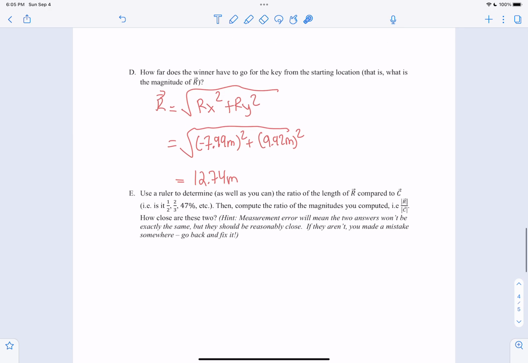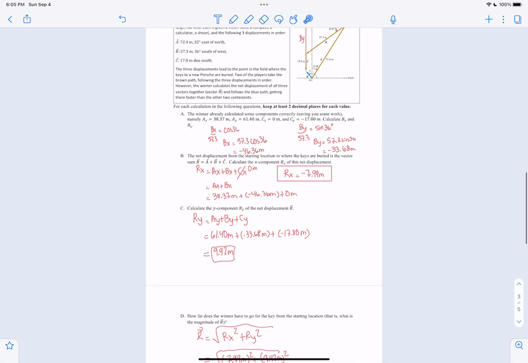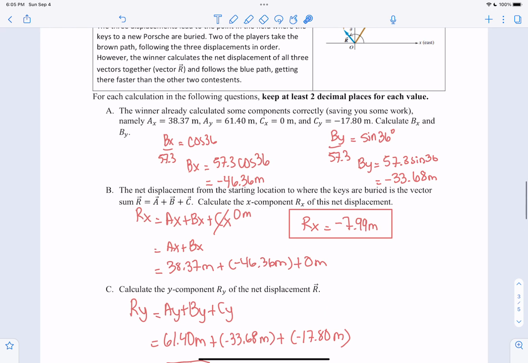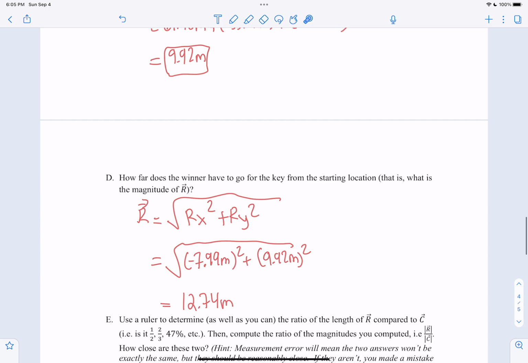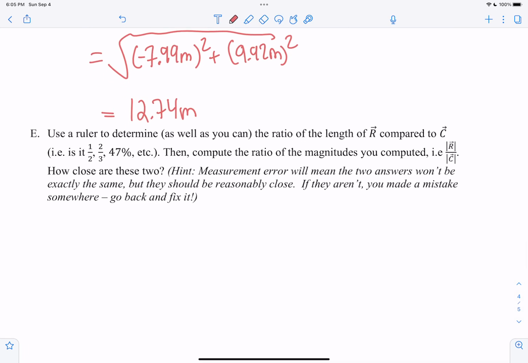So we had 12.74 for R, and for C, what did we have? 17.8 meters, right? The ratio of those two is around 0.72, 72%. If you have that ratio, compare it to the ratio of R to C using a ruler or eyeballing it, and then take the percent difference between the two.